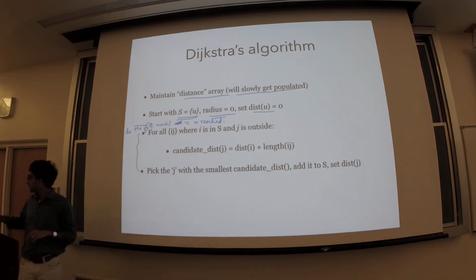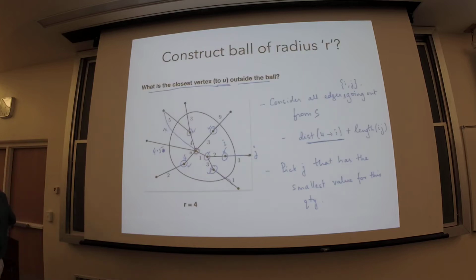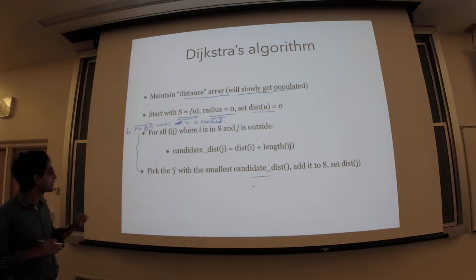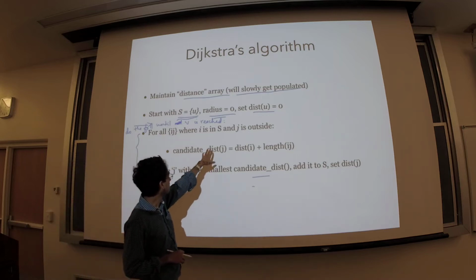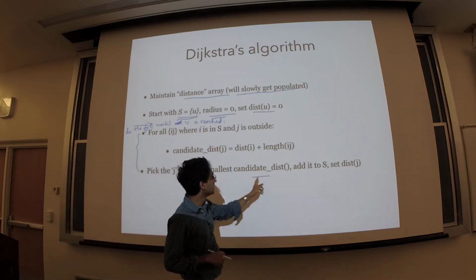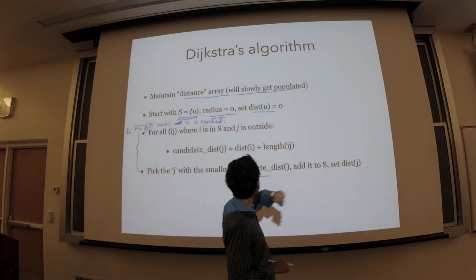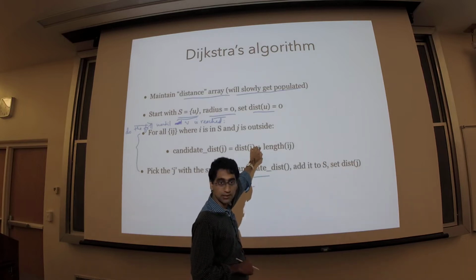So this is exactly what I have written here. This is your candidate length. And then you pick the J with the smallest candidate. You pick this J that got the smallest value of this candidate, add it to S, and set the distance of J appropriately, which is to this quantity.